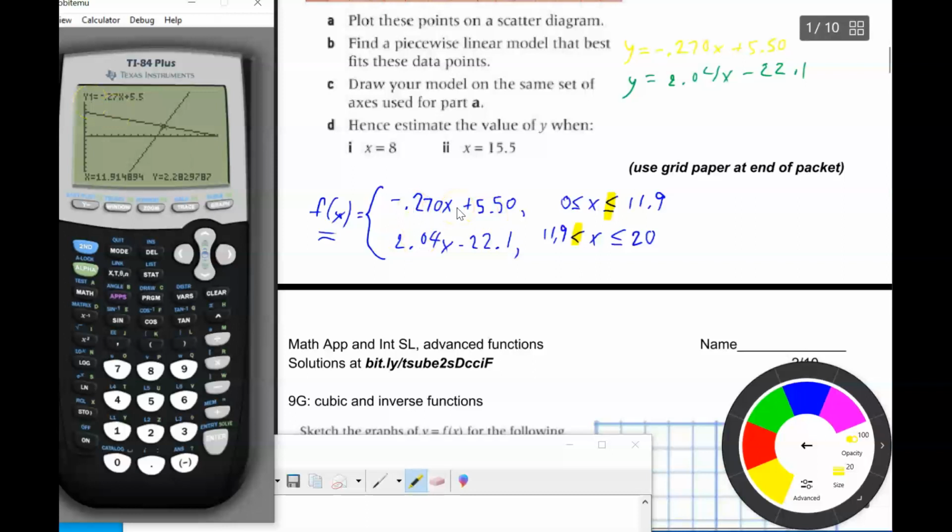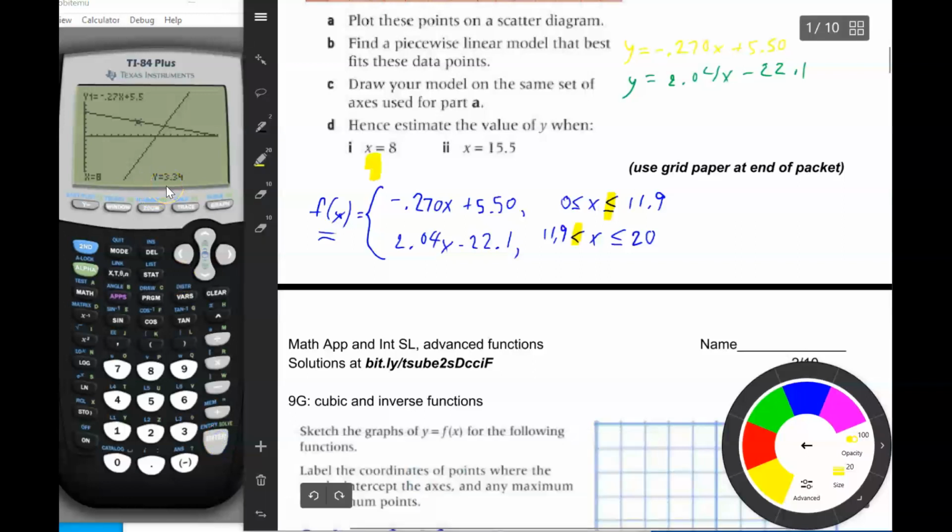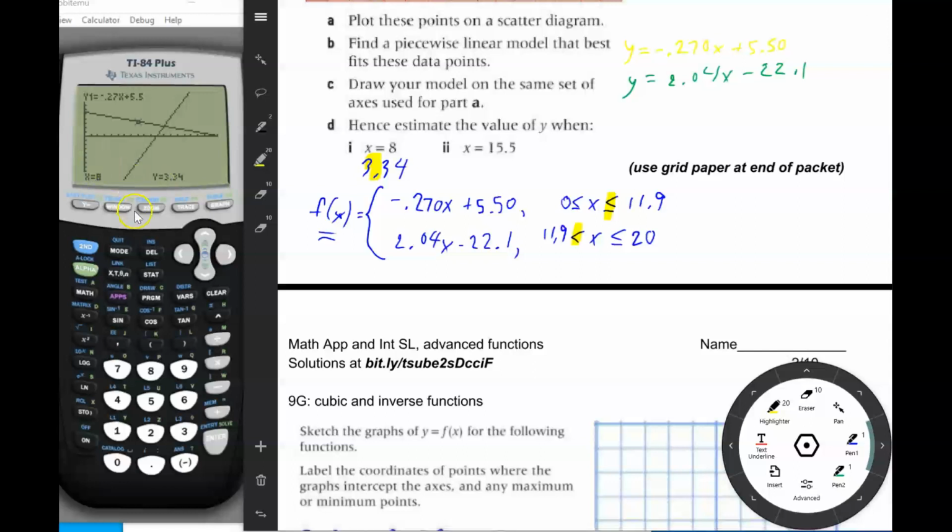And let's see, when x equals 8, it is on the yellow function. So, yeah, it is. And then we're going to press 8. Okay, and it tells us that the y value would be 3.34. Okay, another way to do it would be to do table.